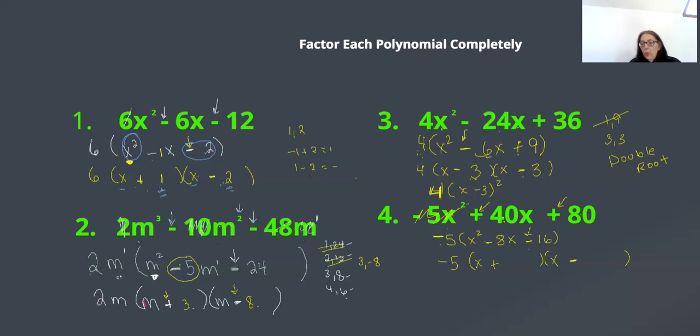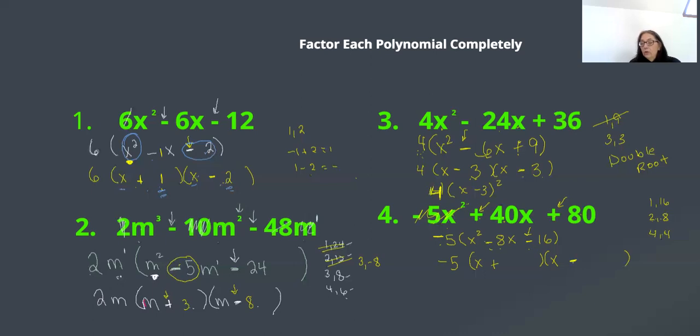Now we need to look at what multiplies the 16. 1 times 16, 2 times 8, 4 times 4. Because one's positive and one's negative, one of these has to be positive and one has to be negative. So you're going to actually subtract the 2 numbers to get this -8. So let's try that.